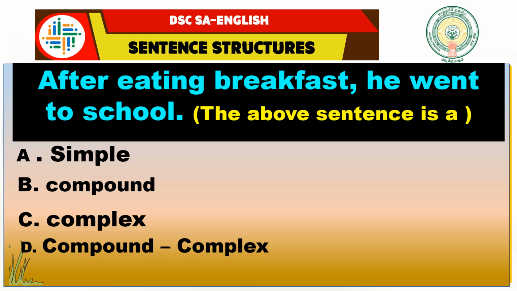What you have to identify is whether it has two clauses or not. If it has only one clause, it will be a simple sentence. Here it has an independent clause, he went to school, and after eating breakfast is a phrase. So it is a simple sentence. Yes.